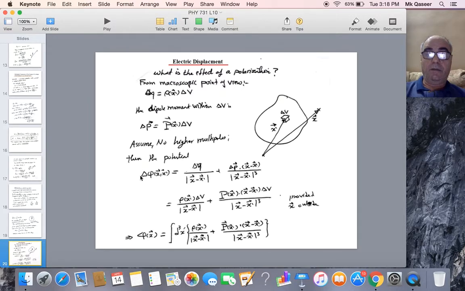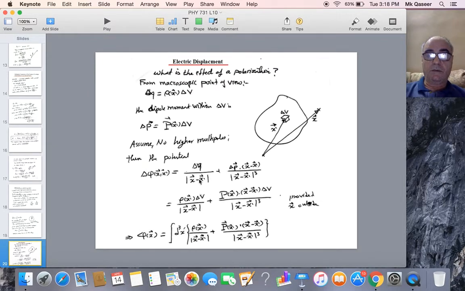Now the potential at this field point is due to the charge distribution itself plus the contribution from the dipole moment. This is the monopole term, and this is the second term.